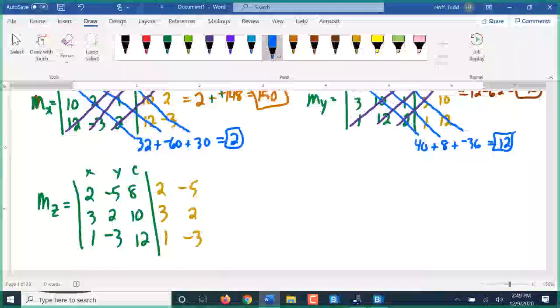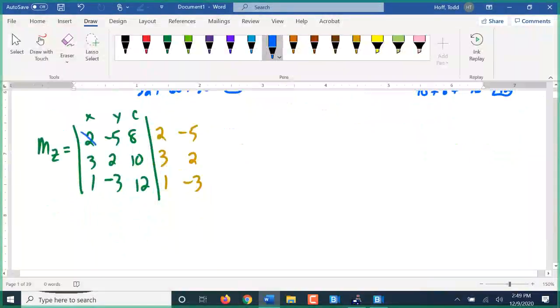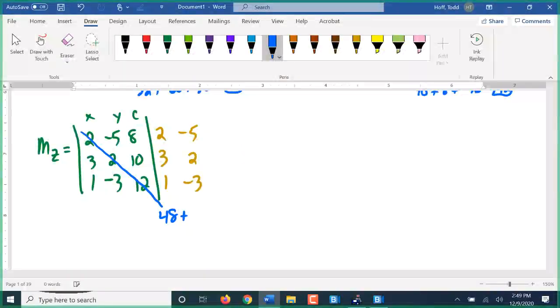And we'll do our diagonals. 2 times 2 times 12 is 48, plus negative 5 times 10 times 1 is a negative 50, plus 8 times 3 times negative 3 is a negative 48, giving us a total of negative 50 for our down diagonal total.